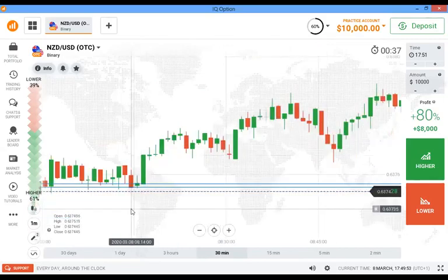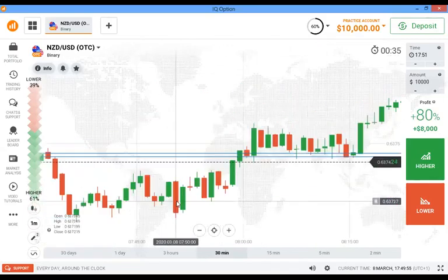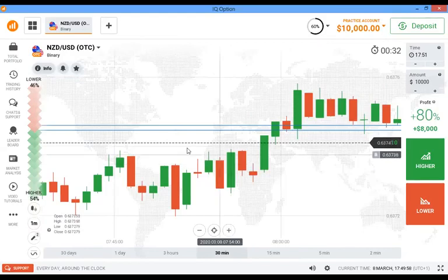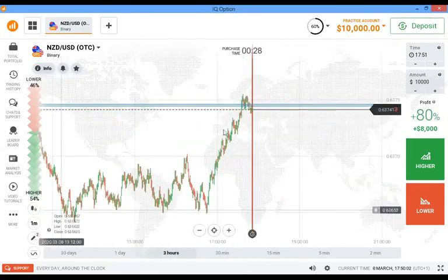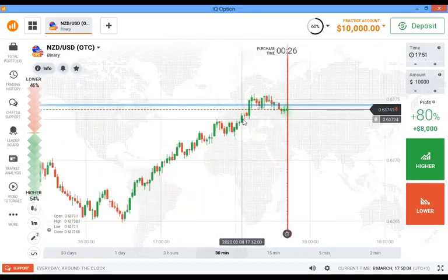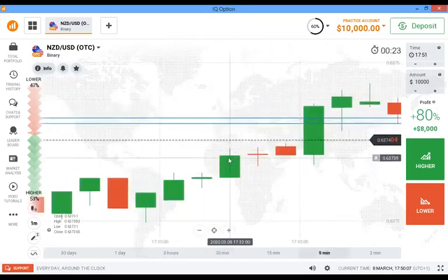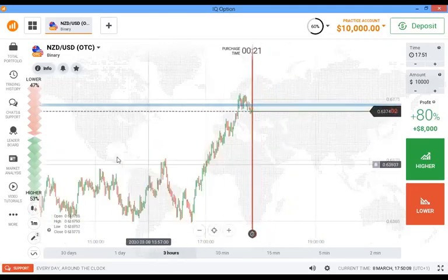Because it's the first level, I've already explained that one before. Let's say at this area here, maybe the price was somewhere here, maybe the price was here, this bullish candle.